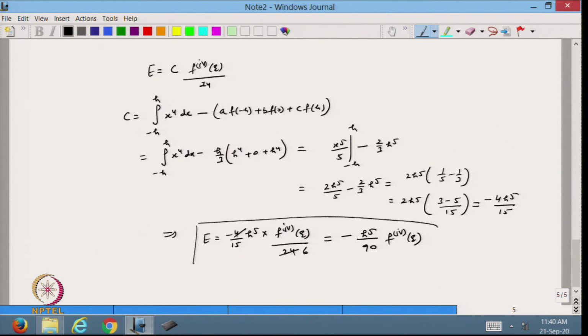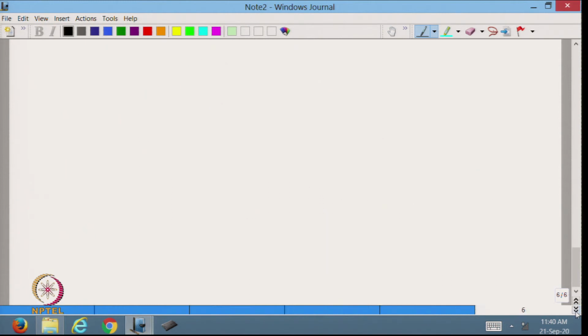That is the error, and it is the same as the Simpson 1/3 rule. So, in this case alternatively we found the error by taking the difference, and that is the same as the Simpson 1/3 rule. So, this is the example we have solved.